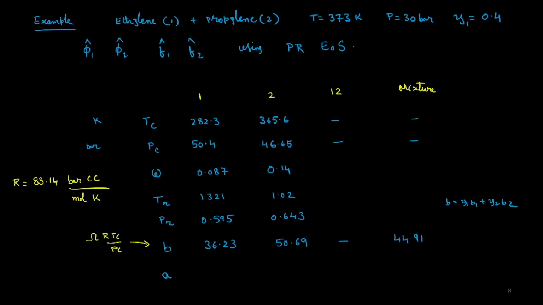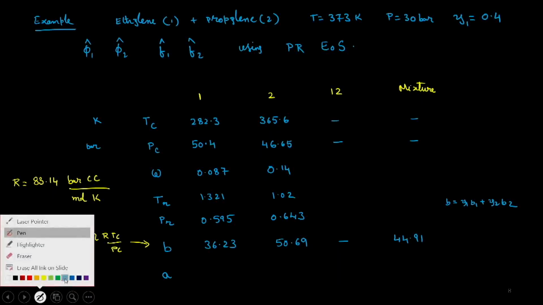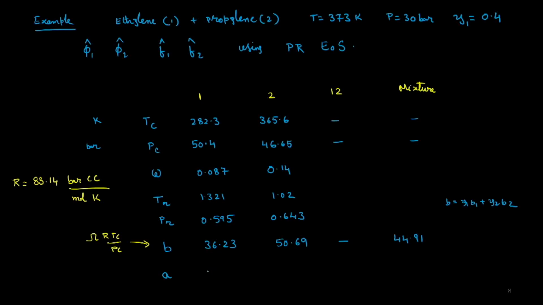Again, I'm working with R in bar Cc per mole per Kelvin, and the value of A I get for 1 is 4269046. A22 is 8949250. A12 is the square root of A11 times A22. That number turns out to be 618100, 3 zeros there.